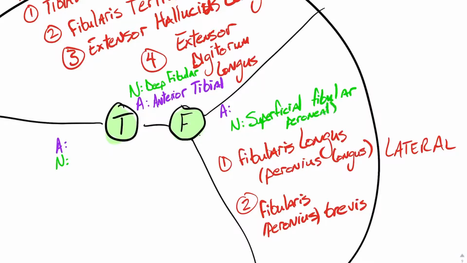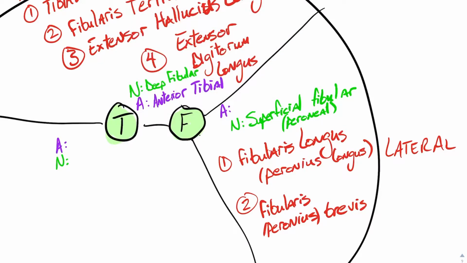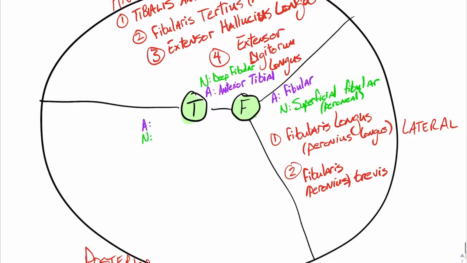There you go, peroneal. So peroneal kind of fits in everywhere here, and the artery that feeds these muscles is the fibular. F-I-B-U-L-A-R, fibular artery.